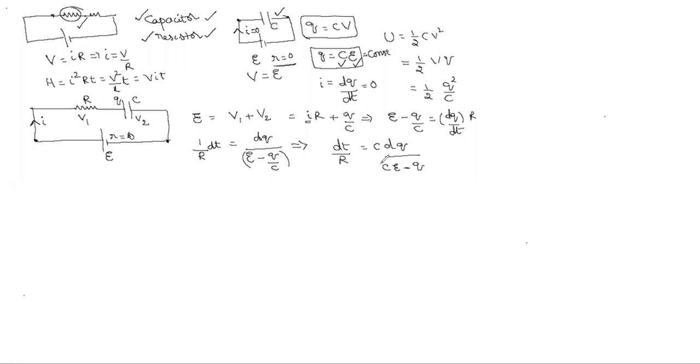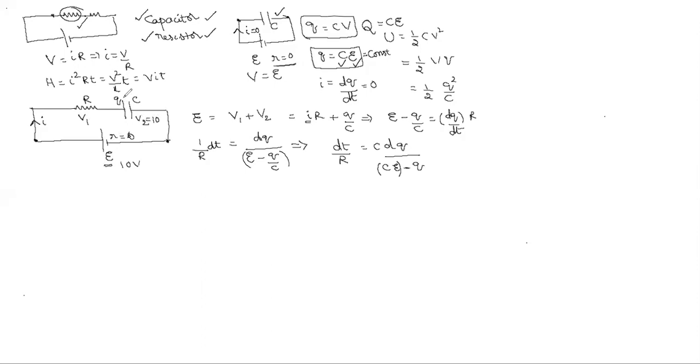What Nihant told, sir, is that CE is the charge stored on the capacitor if there is no resistor in the circuit. If there is no resistor, you will get the maximum charge across the capacitor. Take that maximum charge as capital Q. Capital Q equals C into E. Simply, suppose the total EMF is 10 volts and that 10 volts is not split, but appears entirely on the capacitor.